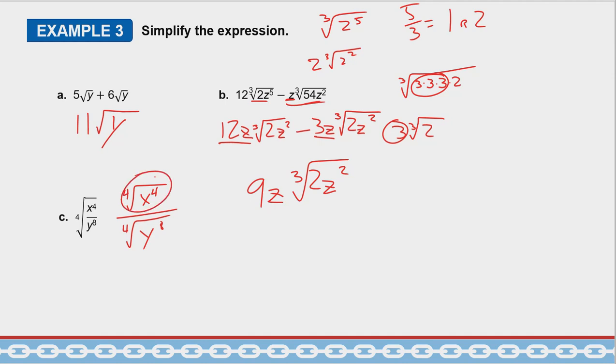The fourth root of x to the fourth is x, and the fourth root of y to the eighth would be y squared. I'm going to divide those exponents by the n value on my radical. So just lots of applying properties here. Make sure you are looking at your notes and reviewing those properties at the beginning.